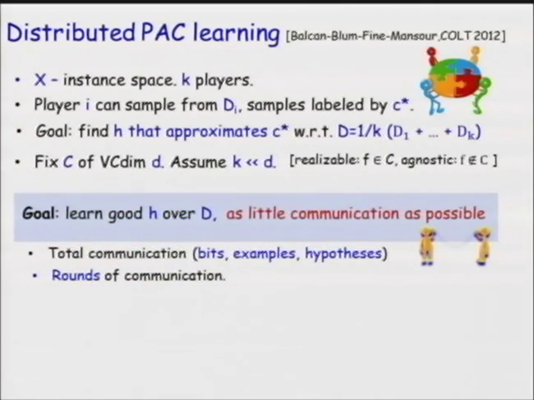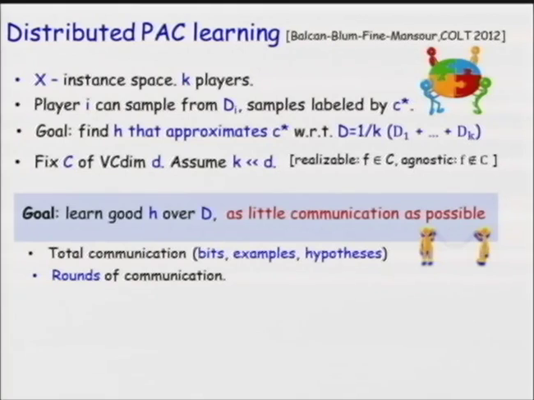Clearly, in these settings the players have to communicate in order to do well over the joint mixture. They can do so by sending bits, examples, hypotheses, and so on. Our goal here was to design learning algorithms that minimize the amount of communication needed to learn well.